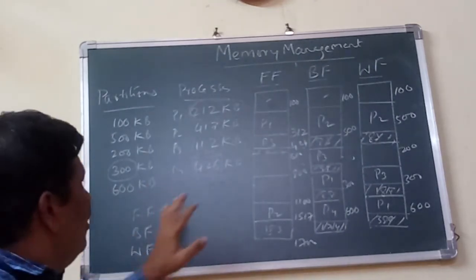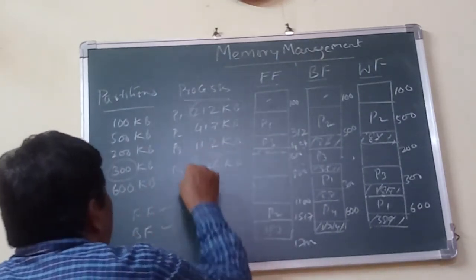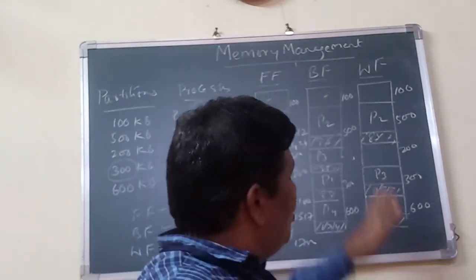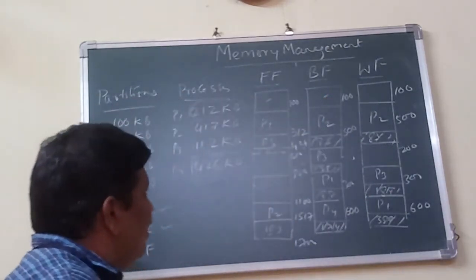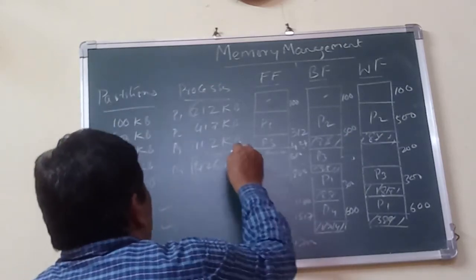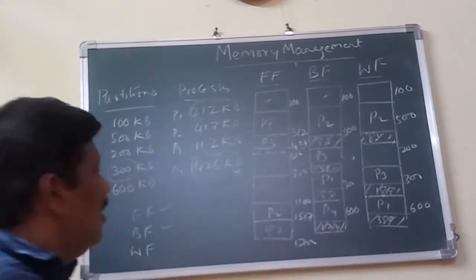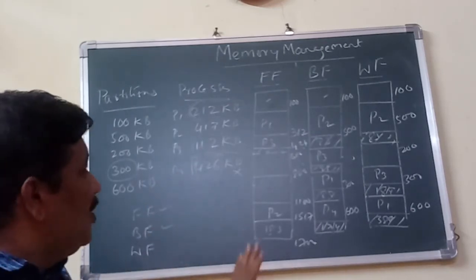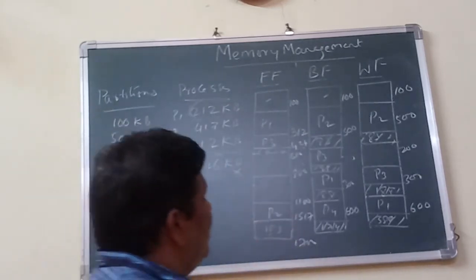But okay, now the next process is 426, right? So 426 kilobytes of memory is not available anywhere, right? So that means we are not in a position to allocate memory for this P4, so it also fails like first fit, right? So what is the wastage here?